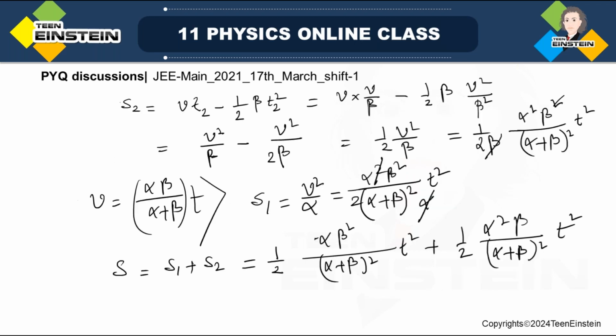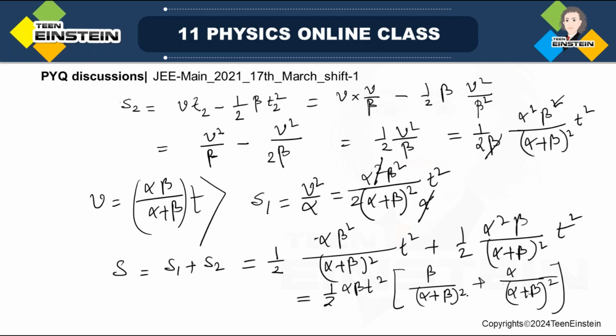Let us see how we get this. Half alpha beta and t square common. So I have beta by alpha plus beta whole square, plus alpha divided by alpha plus beta whole square.